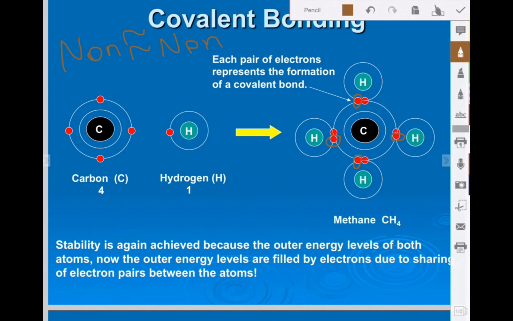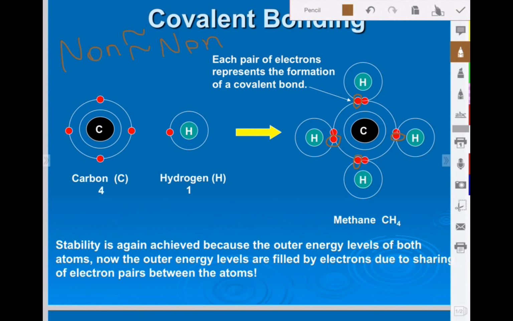So hydrogen is happy. It's got 2. Now if hydrogen has 2 electrons, it looks like helium, which is the first noble gas. Pretty good. So basically, electronically, you have a bunch of heliums, and in the center, carbon is happy and looking like its noble gas. So everybody's stable, everybody's happy.